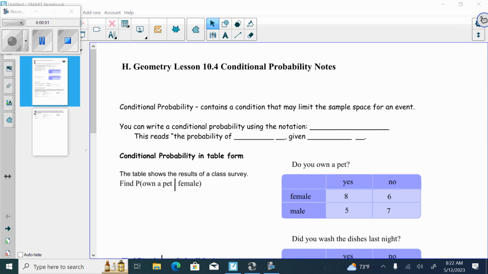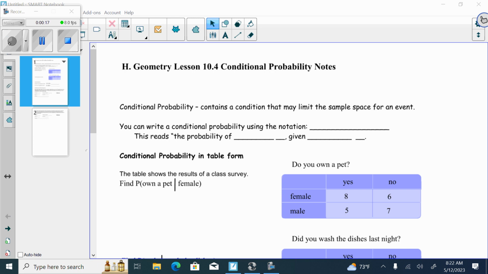Talking about conditional probability. Conditional probability contains a condition that may limit the sample space for an event. Your sample space is how many total, basically, that you're dealing with.